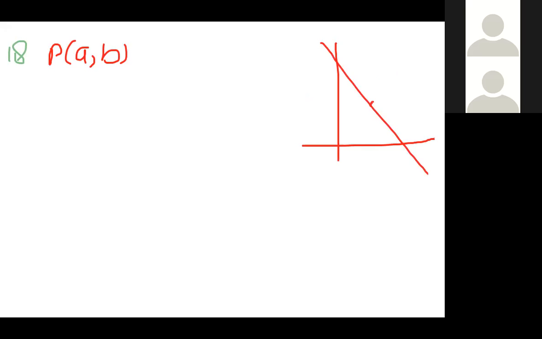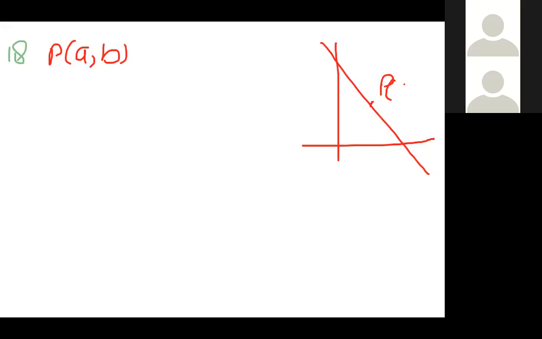Question number 18. P(A, B) is the midpoint of the line segment between the axes. P is the midpoint.